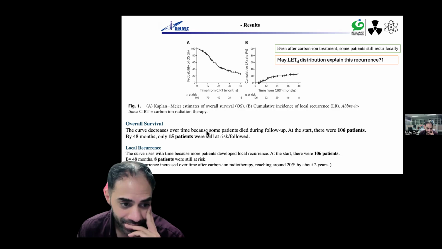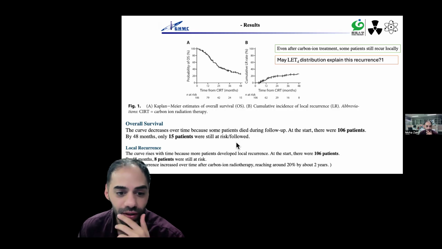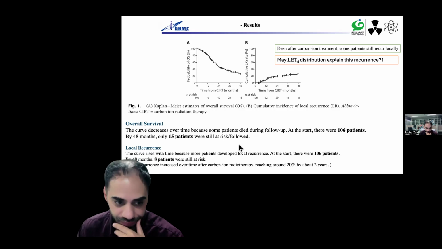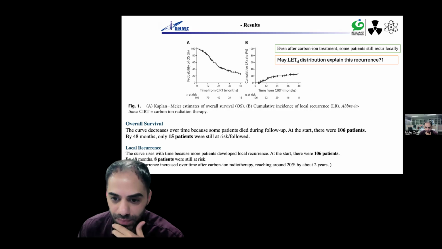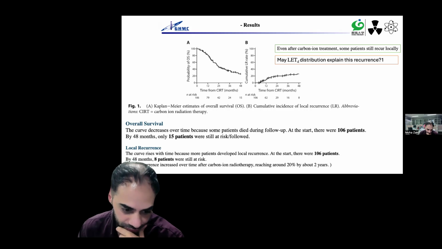It varied with time because more patients developed local recurrence. At the start, there were 106 patients, and by 48 months, 8 patients were still at risk. So local recurrence increased over time after carbon ion radiotherapy, reaching around 20% by about 2 years.